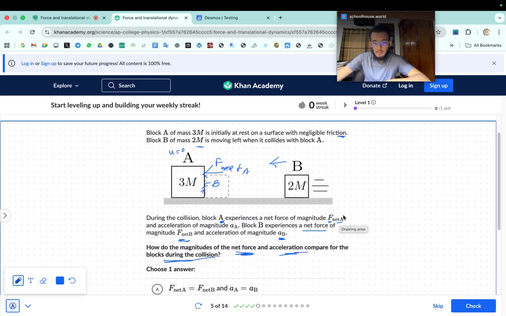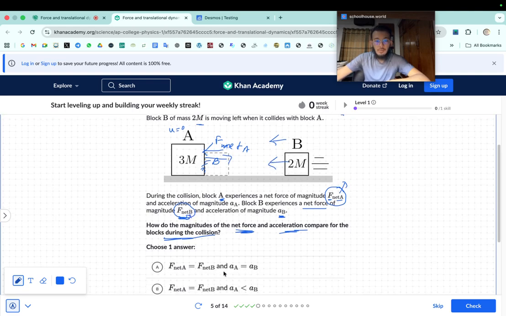Again, it's the same. These two are the same pair for Newton's third law. F net A is provided by B, and F net B is provided by A. So they will be equal.